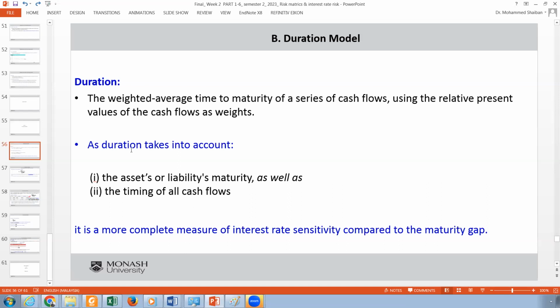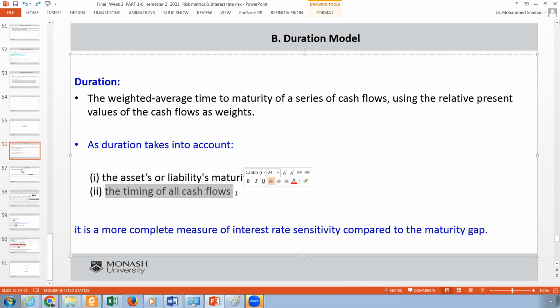So duration in this case takes into consideration the assets and liabilities maturity as well as the timing of the cash flows, which in this specific case gets rid of the shortcomings which we have in the repricing model.